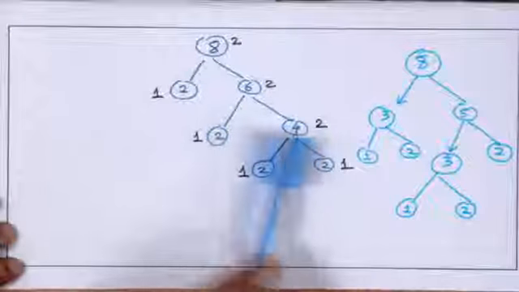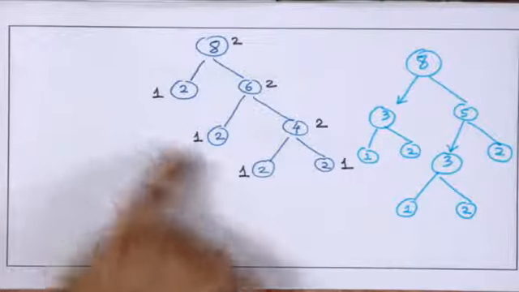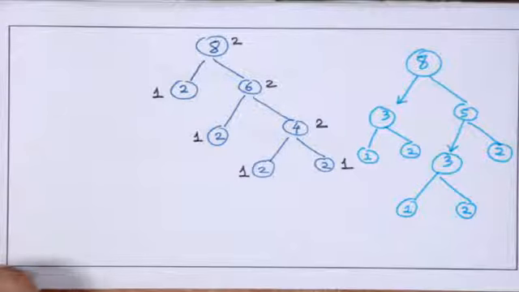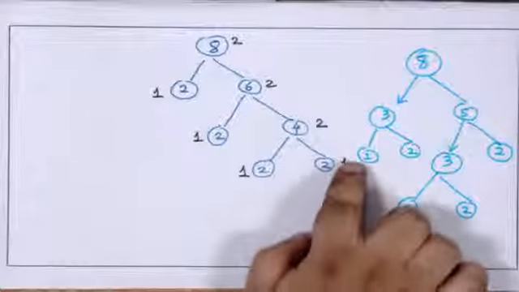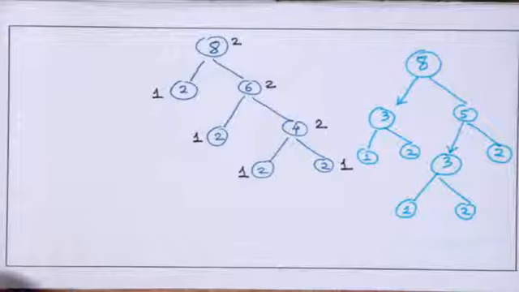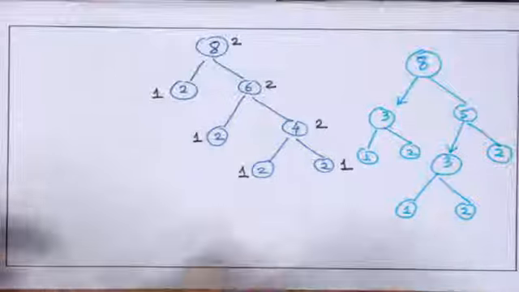Previously, we had 3 internal nodes and 4 leaf nodes. We now have 1, 2, 3, 4, 5 leaf nodes and 4 internal nodes. Each of the internal nodes is of cost 2.